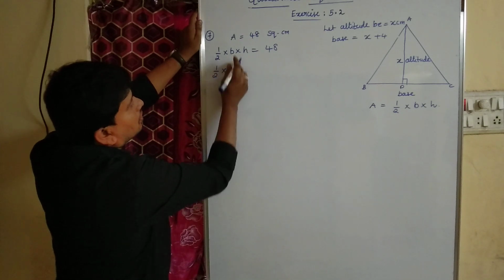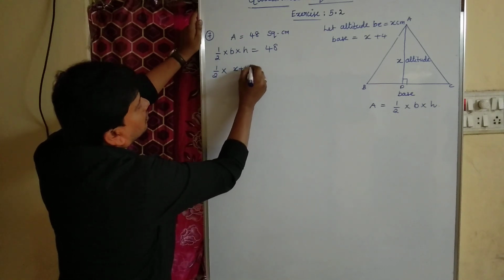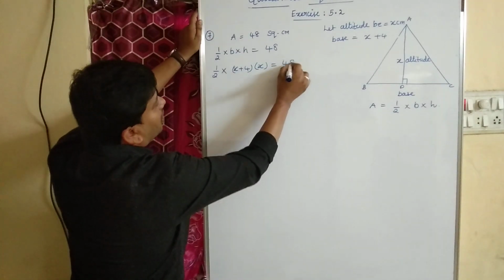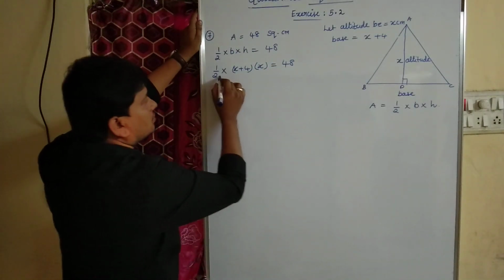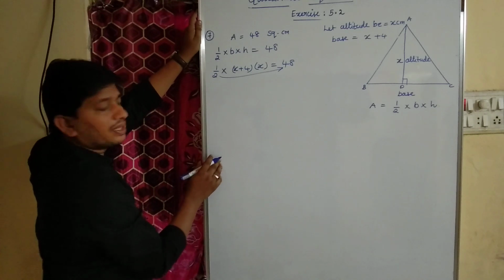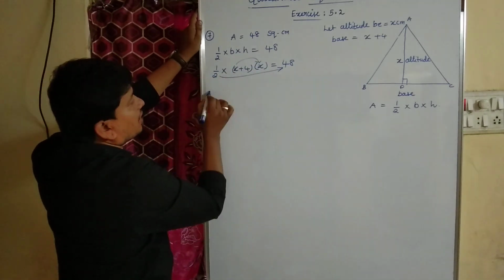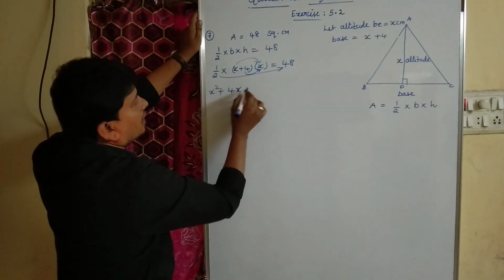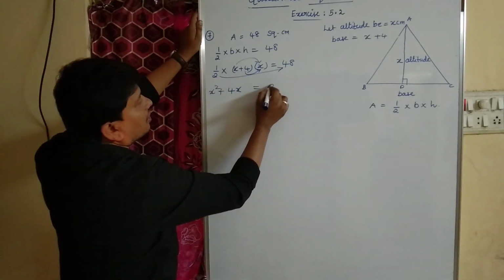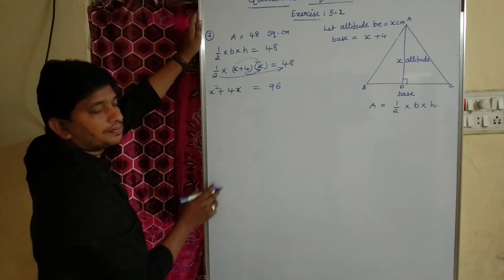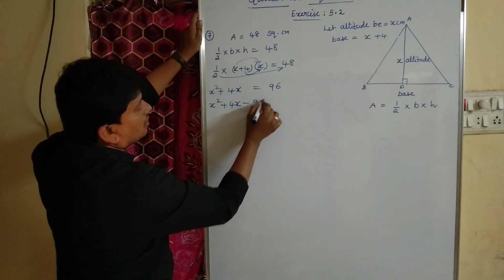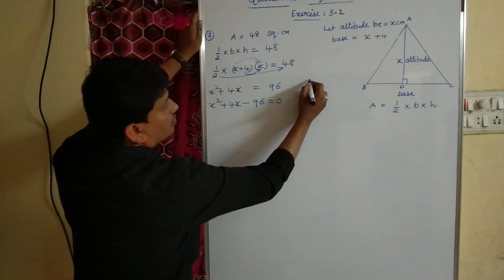Half into base x plus 4 and height x equal to 48. Cross multiplication: x into x, x square, plus 4 into x, 4x, equals 2 into 48, which is 96. If you transpose, x square plus 4x minus 96 equal to 0.